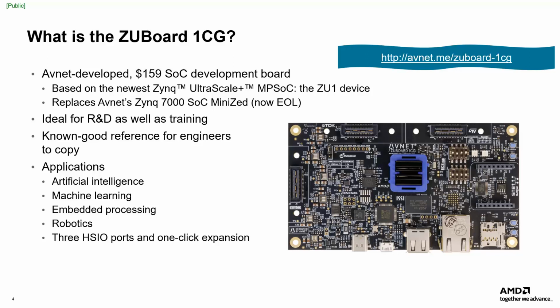The ZU board is an ideal starting point for application experimentation, including basic artificial intelligence, machine learning, embedded processing, and robotics. With the 3 available high-speed expansion ports and a microelectronica clickboard site, engineers will have lots of options to expand their systems with additional hardware as well.